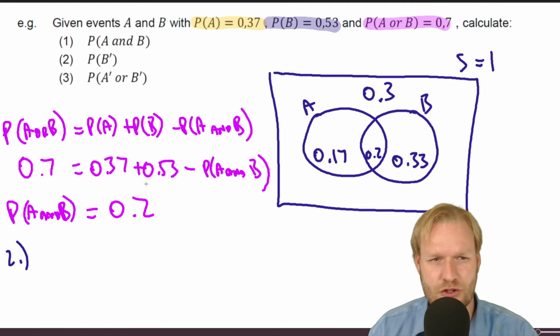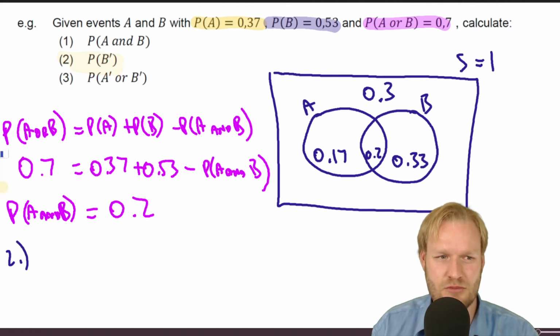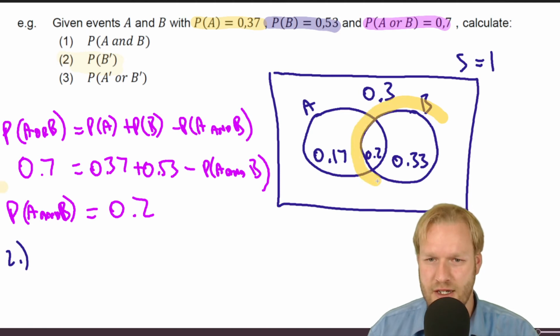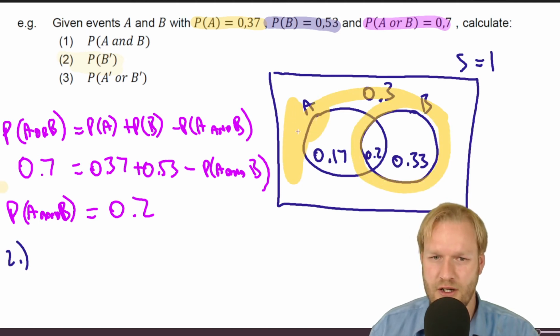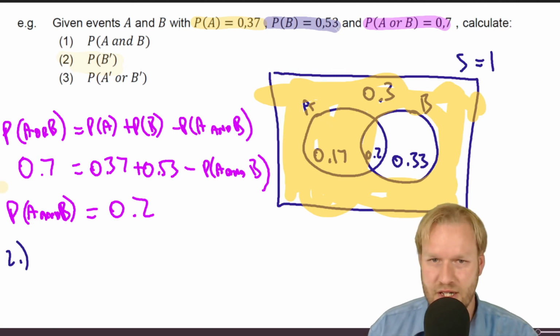Okay, now for part 2, the probability of not B, the probability of B not happening. So in other words, what we're looking at is everything outside of here. Let's highlight that. We want everything except for B. We've got the probability of B already, that was 0,53, so we want just everything else.